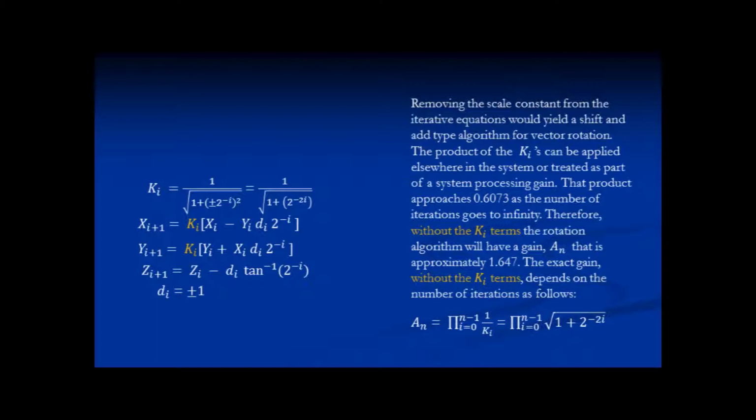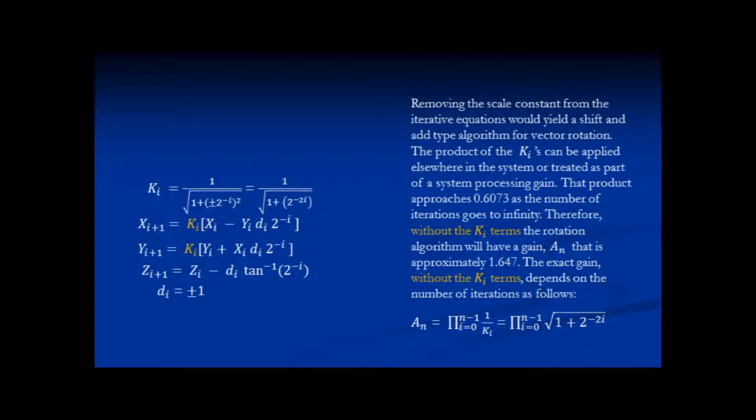That product approaches 0.6073 as the number of iterations goes to infinity. Therefore, without the k sub i terms, the rotation algorithm will have a gain, A sub n, that is approximately 1.647. The exact gain, without the k sub i terms, depends on the number of iterations as follows.